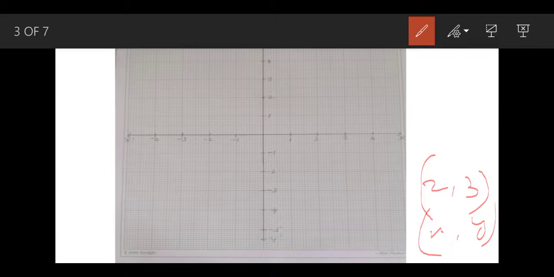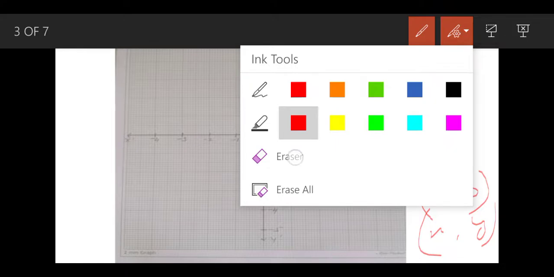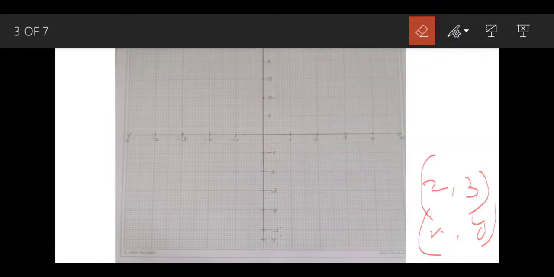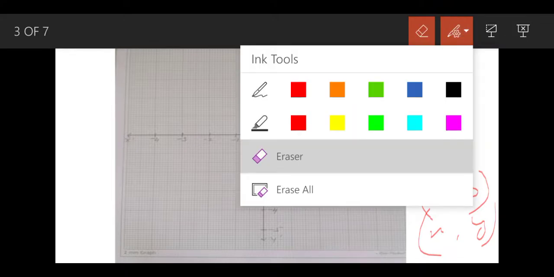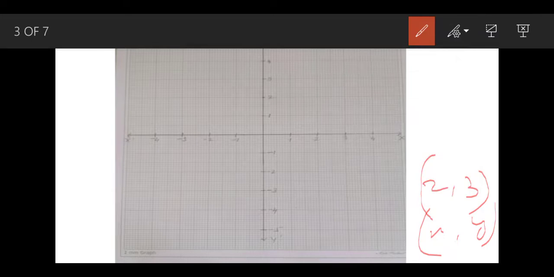And if we have to plot this point on the graph, what we will do? We will take the value of x as 2, move upside.